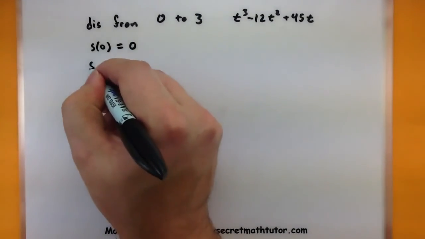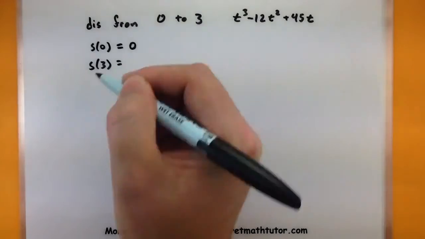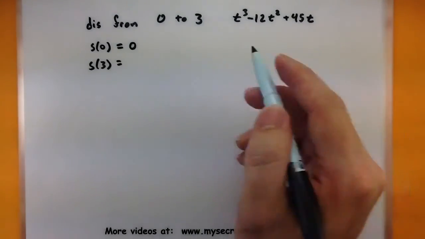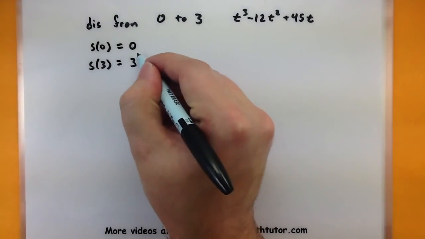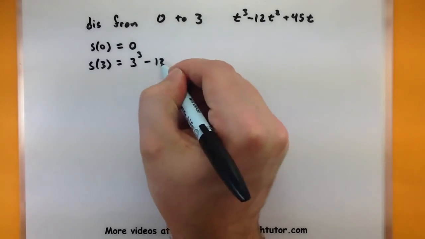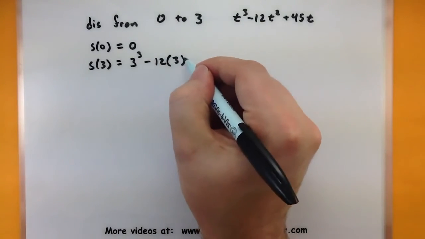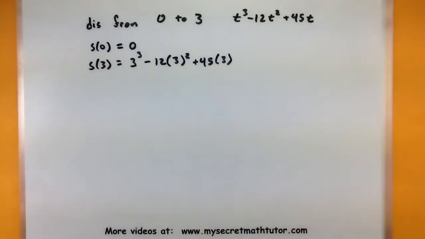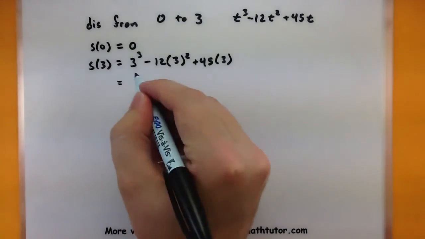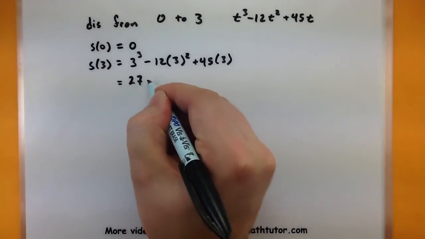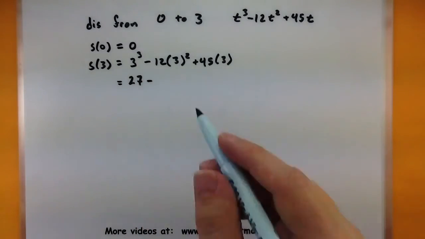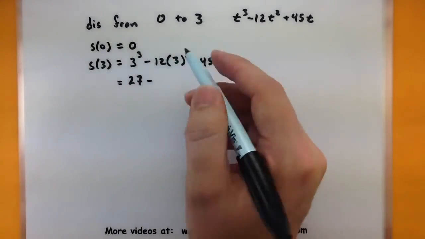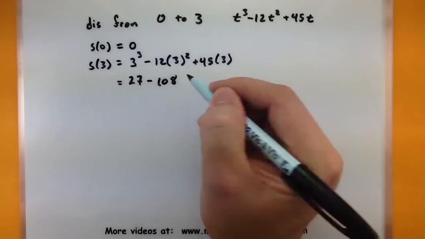All right, so where's the position after 3 seconds? Well, this one does require a little bit more work, but I think we can do it. So I'd have 3 cubed minus 12 times 3 squared, plus 45 times 3. All right, let's see. Some of these simplify. So 3 cubed, 27, minus 12 times 9, 108.